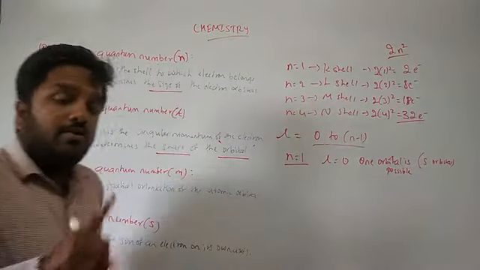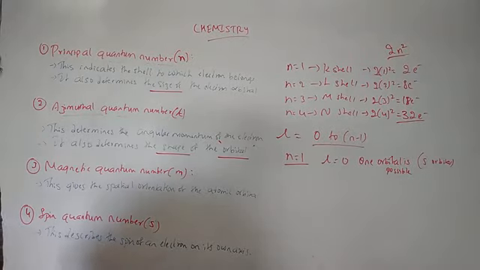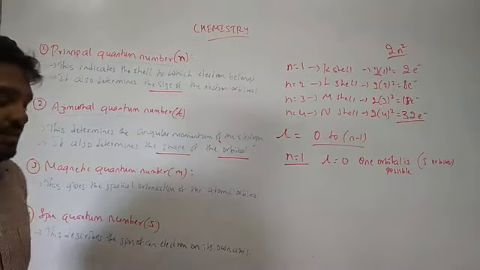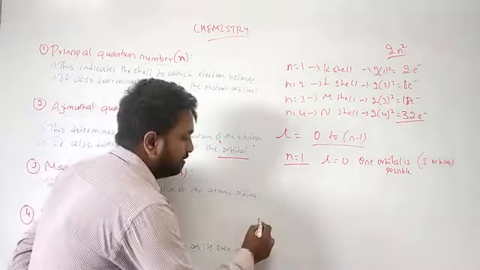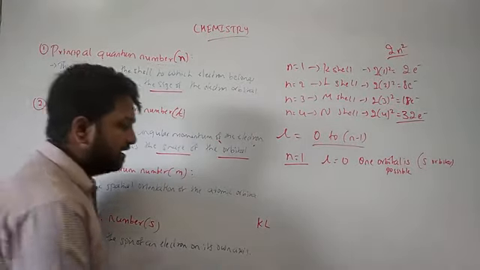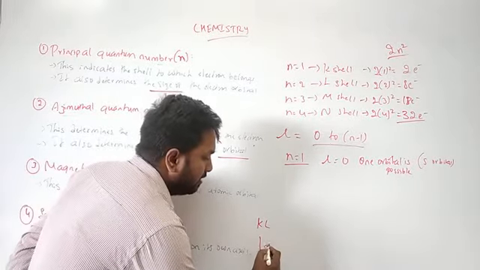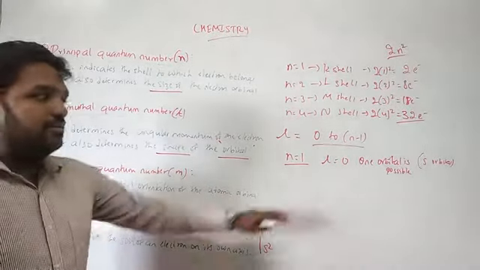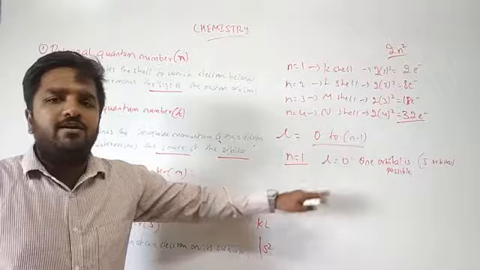While writing the main energy levels in the electronic configuration, we do not mention them as K, L, M, N. We denote them by the value of n. It is 1, only one. Because of this reason, no p orbital is obtained.